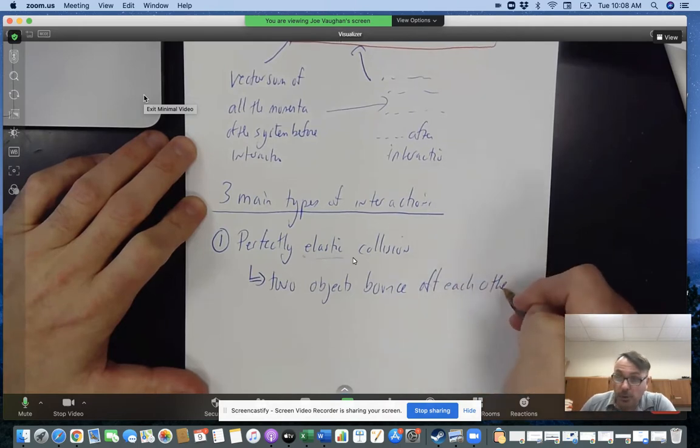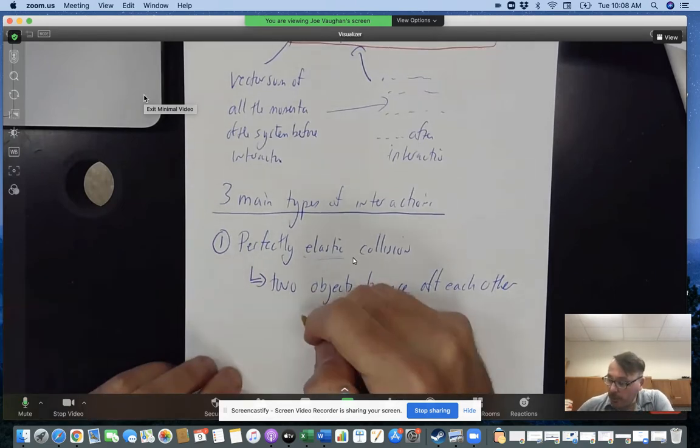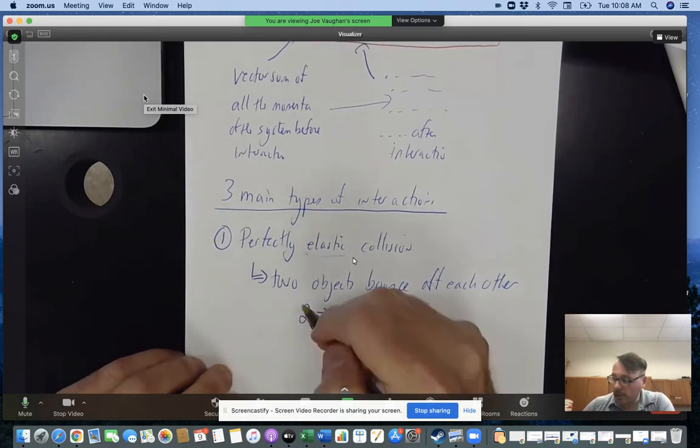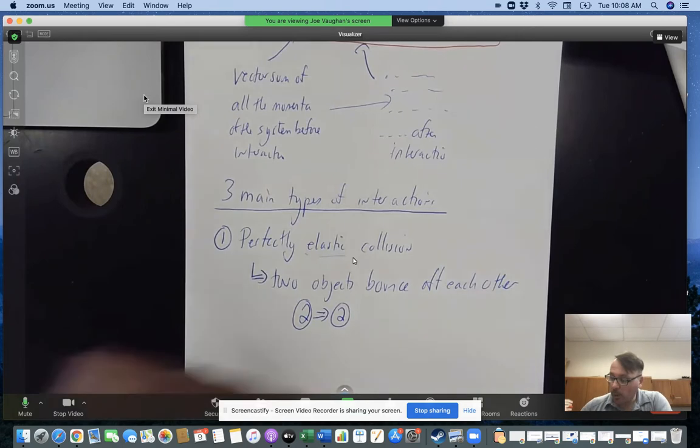Once again, it doesn't have to be two objects. It could be 50 objects bouncing off each other, but we're constraining our conversation to just small numbers of objects just because we're getting used to the concept. So we start with two things before the interaction, and then we have two things after the interaction. That's what that's going to look like, okay? So what does that mean?